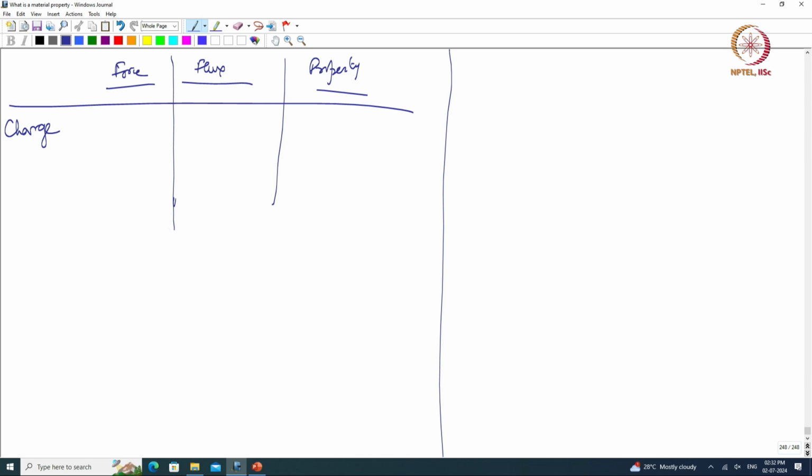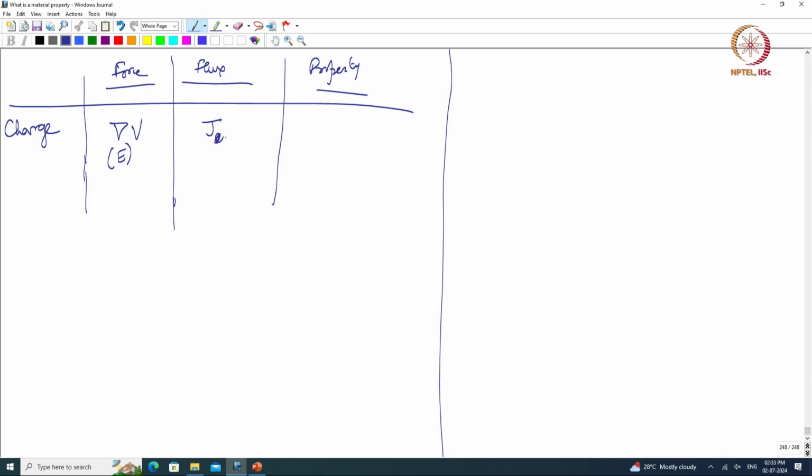So, in charge transport the force is gradient of potential, right. So, that is, or gradient of energy in some sense, right. So, that is nothing but my electric field. Flux is J of electrons, or J so a current in general.